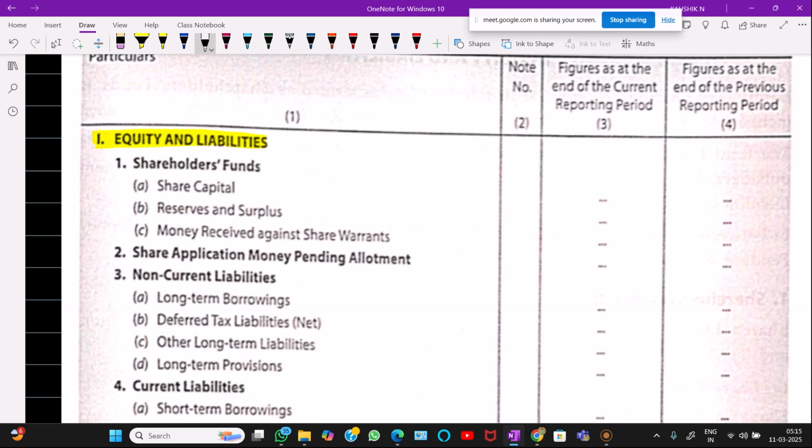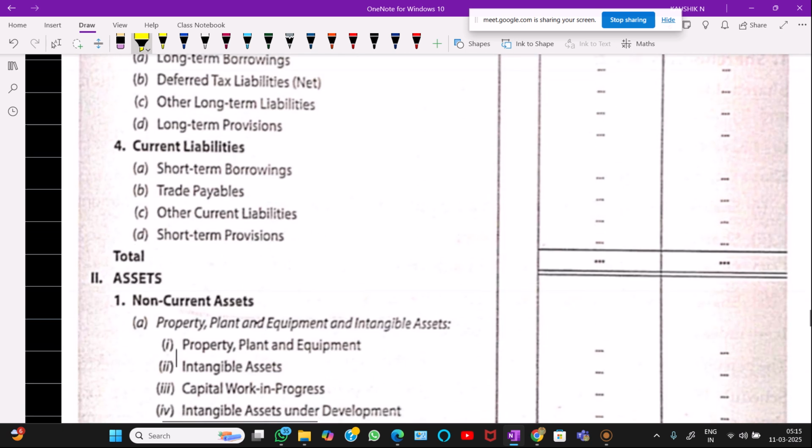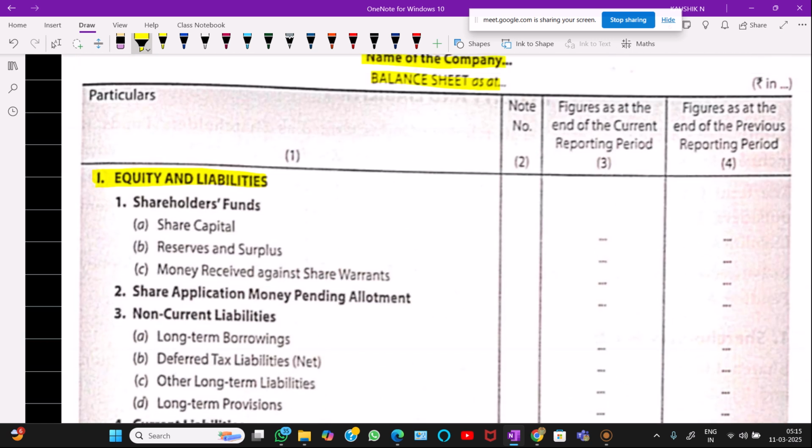So the first category goes for equity and liabilities, and the second category is what we declare for the assets. So assets will follow your liabilities. This is something you have to understand. And these are all the major heads, the ones I am highlighting right now in yellow. Number one, shareholders' funds.